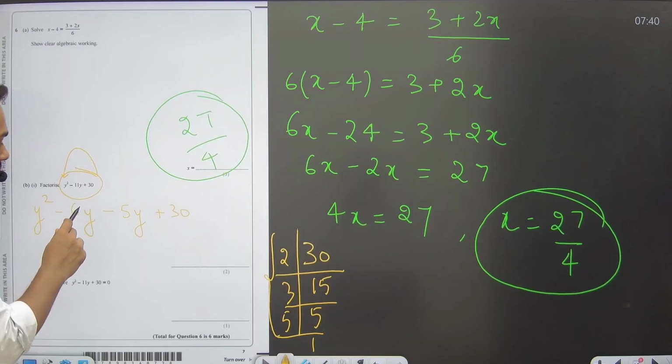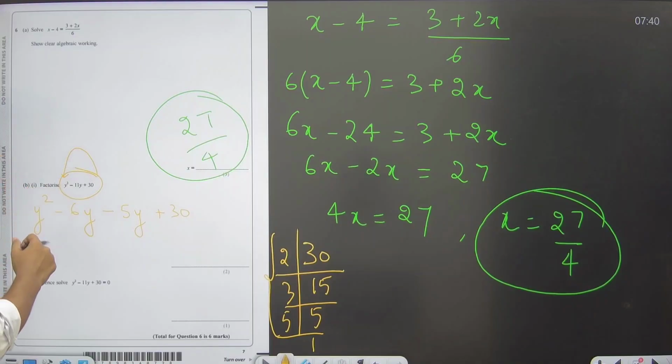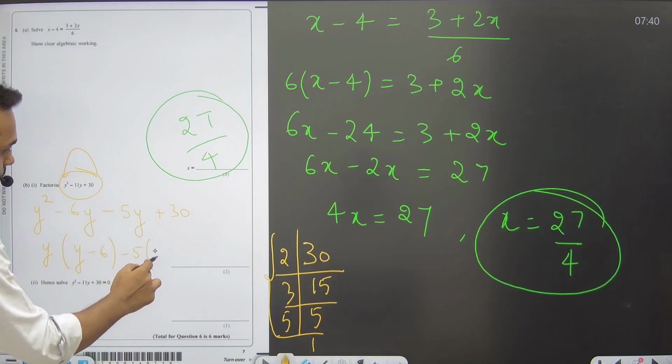We have arranged this 11y in the format of the factors of a cross c, that is 30. Now we will take the common factors here, so you will get y negative 6 here, negative 5y.